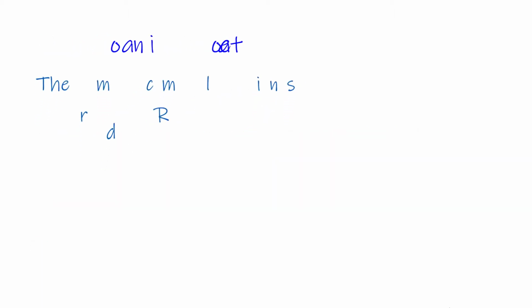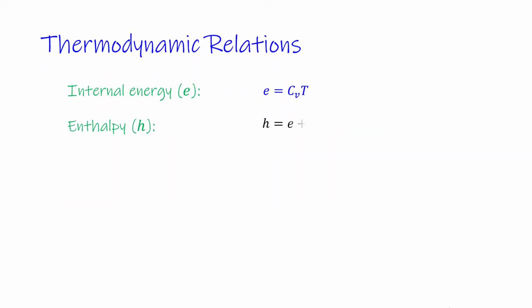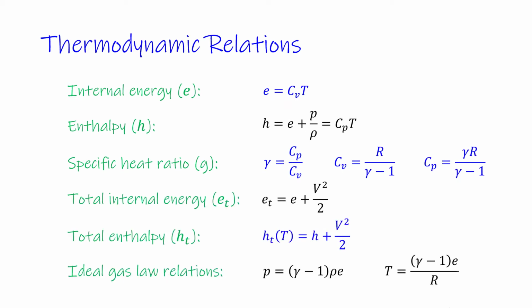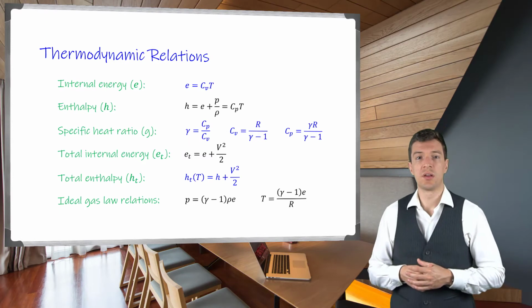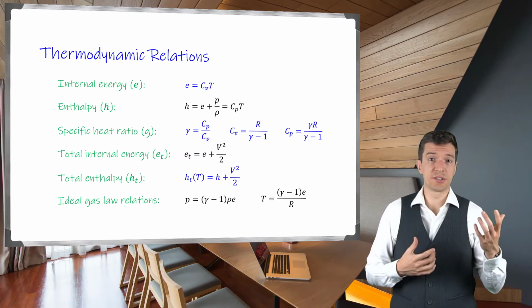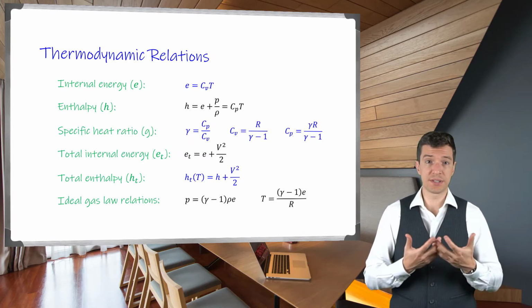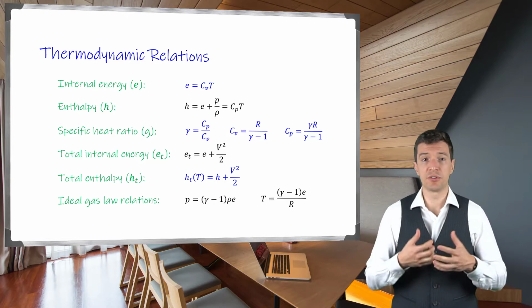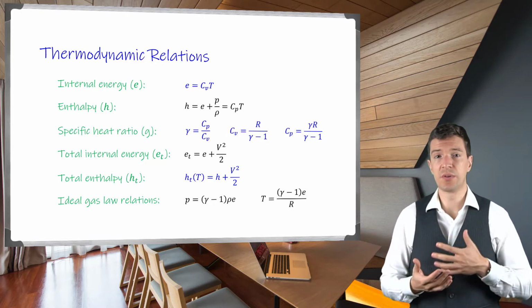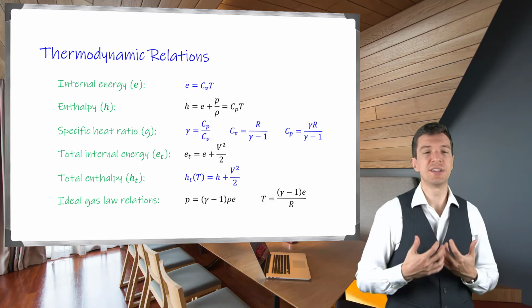In addition to the equation of state, we also need to introduce some thermodynamic relations, such as the internal energy, enthalpy, specific heats at constant volume and constant pressure, and their ratio. All of these relations are very important for compressible flows, but for the purpose of this course, we will not consider this topic in more detail.